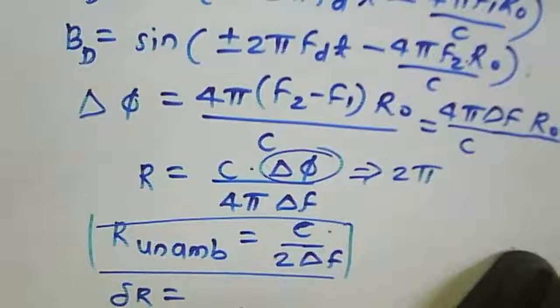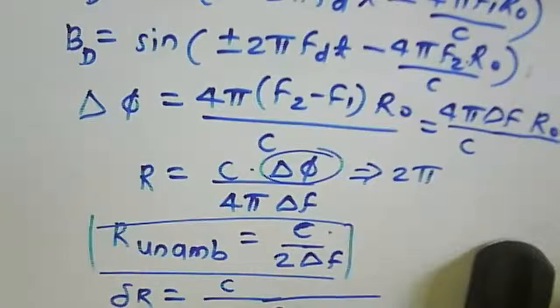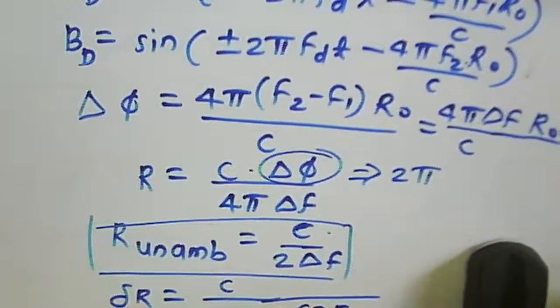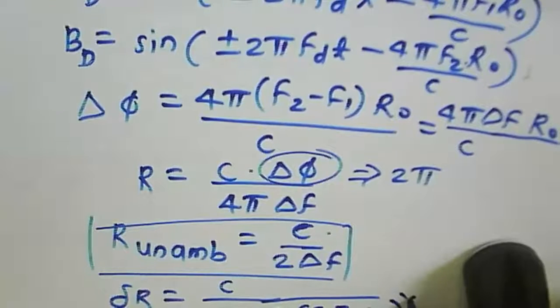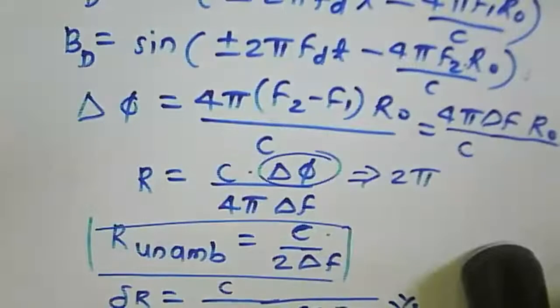That is the RMS range error here, defined as C by 4 pi del f, and then the energy transmitted with respect to the noise. This one is a modified equation we use for the measurement of the range.